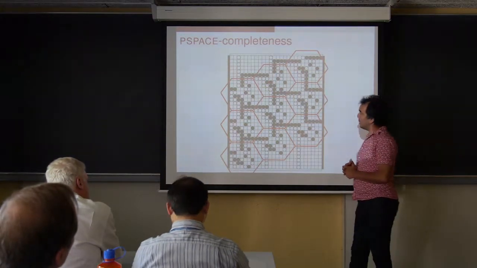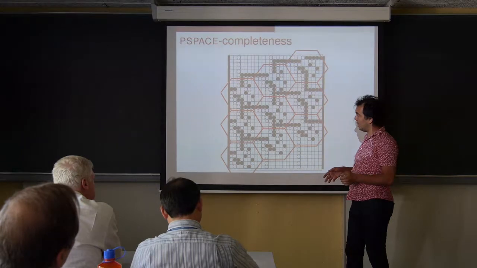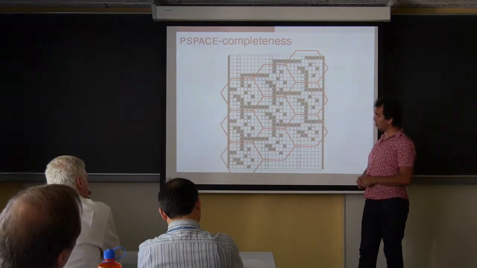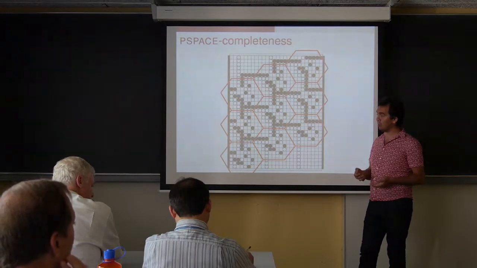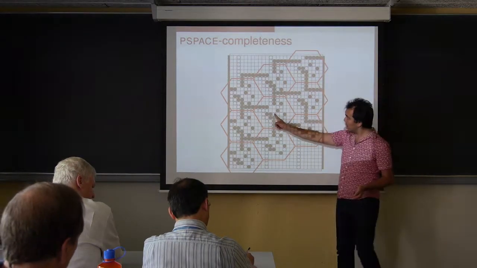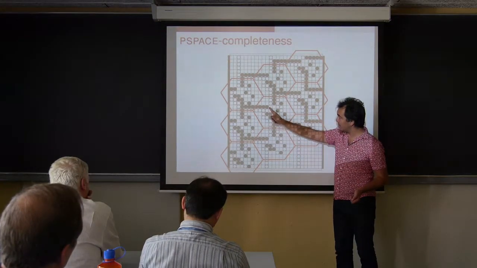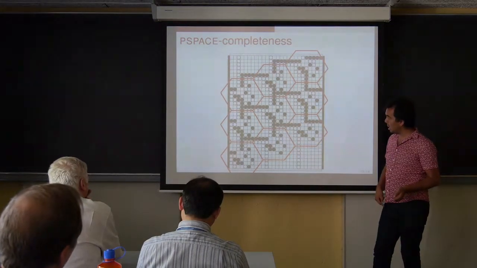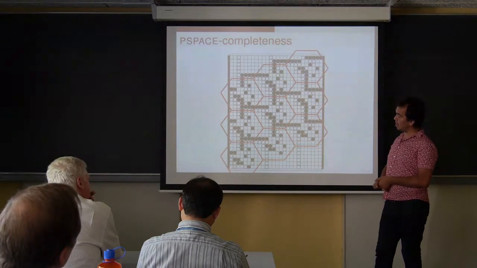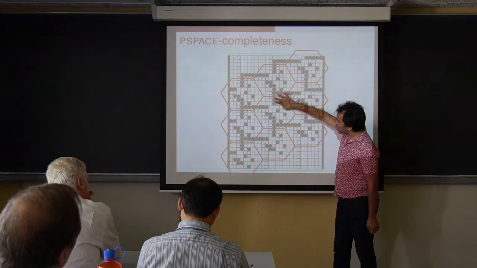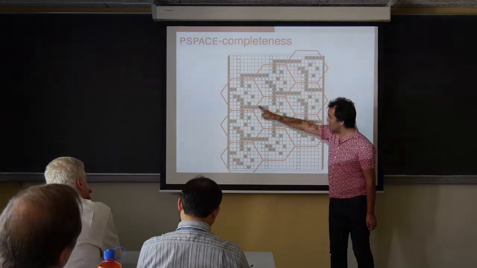So we can confirm that. Let's take this cell, for example, and look at what happens after black plays in it. So black would move this pawn here and add a new pawn there. When this happens, the top group is connected to the left group.